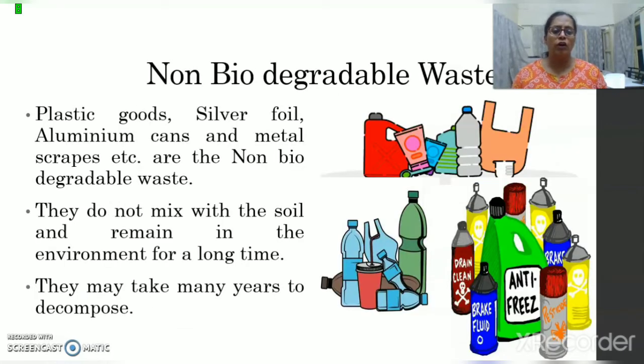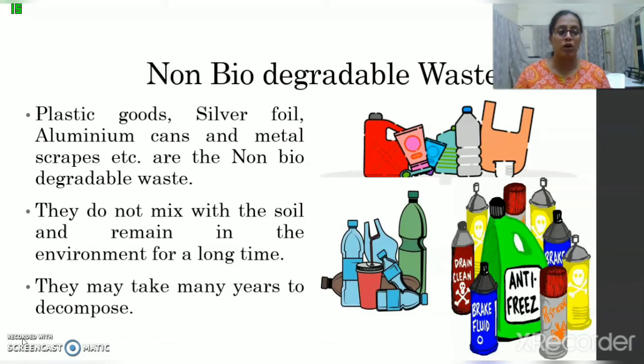Then we have non-biodegradable waste. Children, now let us know what non-biodegradable waste is. Whatever cannot rot or cannot be decomposed by microorganisms comes into the category of non-biodegradable waste, like plastic goods, silver foils, aluminium cans, metal scraps, etc. Why are these called non-biodegradable waste?